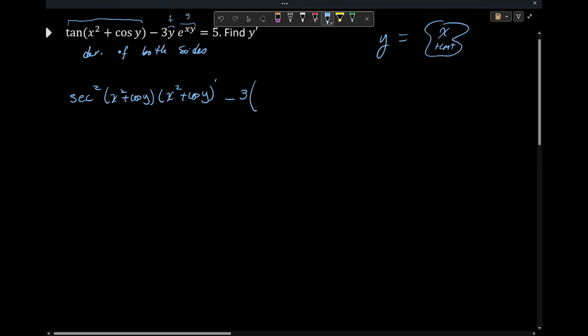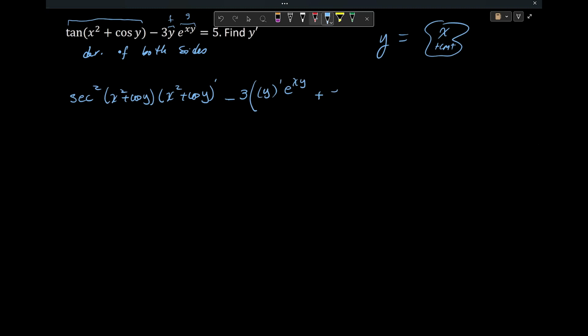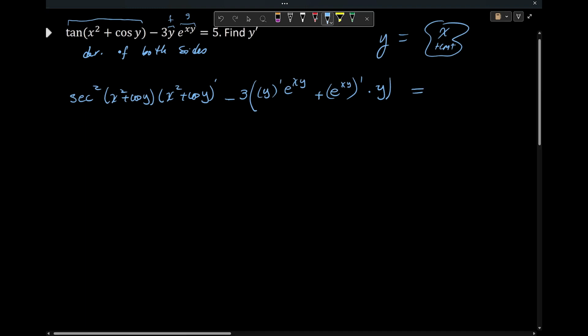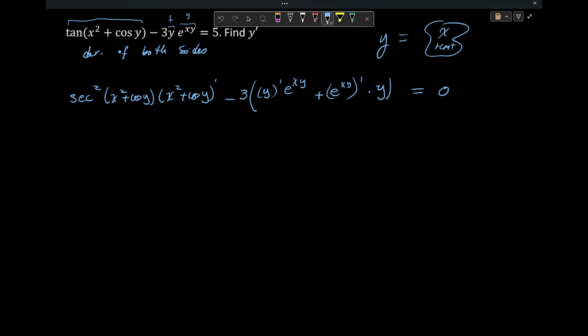It's the derivative of the first times the second. I'll explicitly write it. Plus the derivative of the second times the first. Equals the derivative of 5 on the other side, which is 0. So let's work on this side right here.